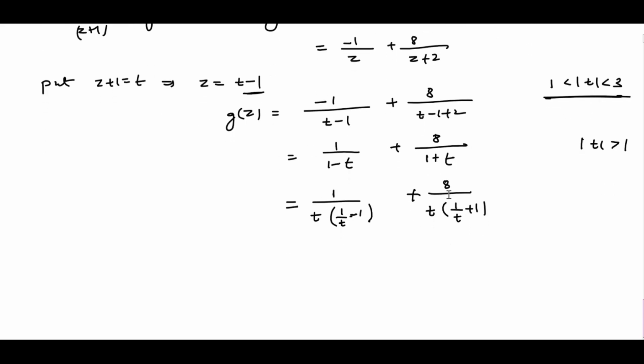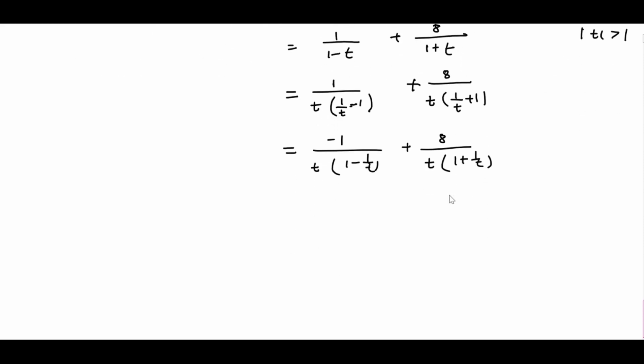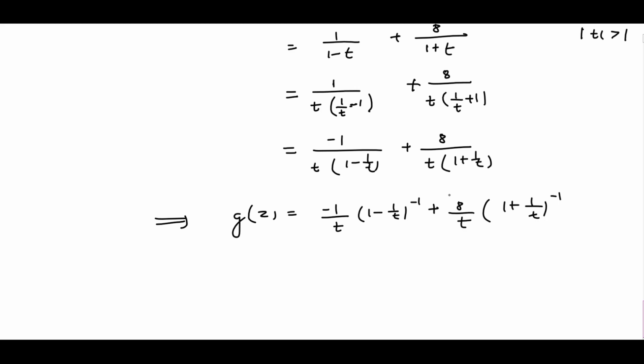So write in the standard form, that is 1 upon t, take the negative outside, negative 1, here will be 1 upon 1 by t, 8 by t, 1 plus 1 by t. So finally we can write g of z as negative 1 by t, 1 negative 1 by t inverse plus 8 by t, 1 plus 1 by t inverse.